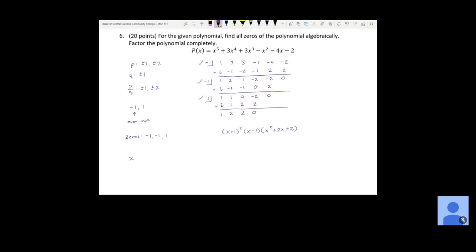So we're going to say x equals, then we have negative b, so that's -2, plus or minus the square root of b squared, which is 2 squared, minus 4ac, so that's 4 times 1 times 2, all over 2a, which is 2 times 1.